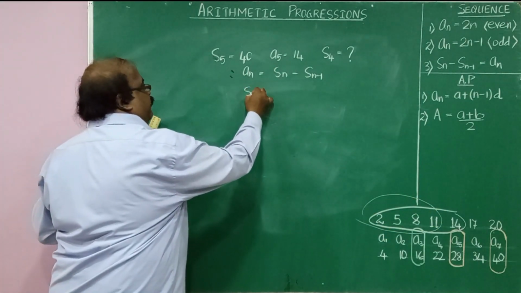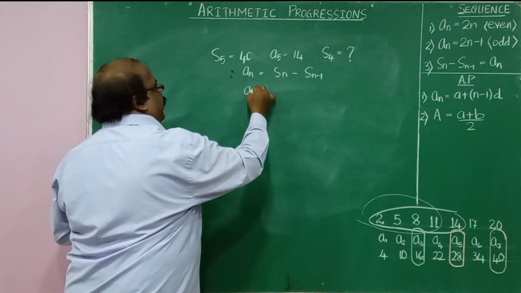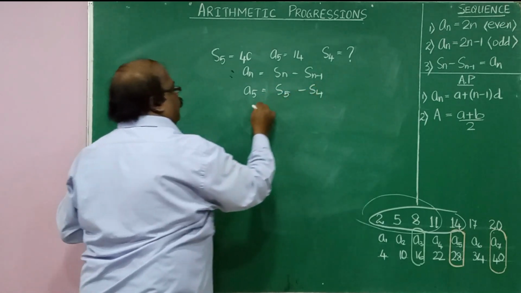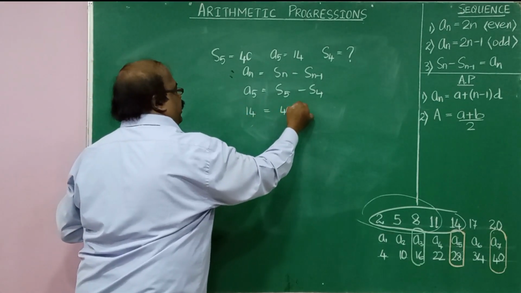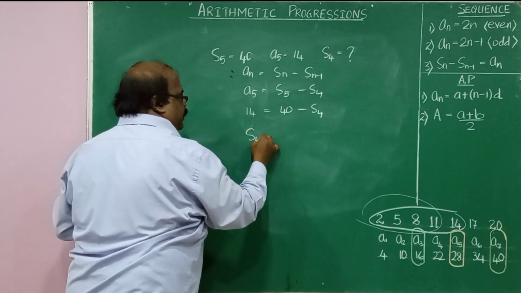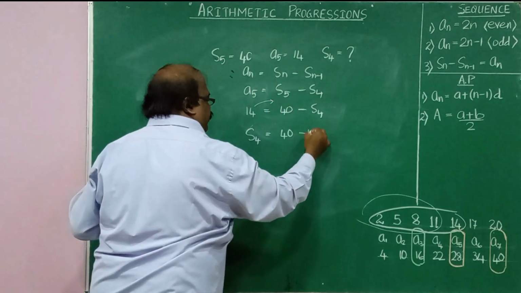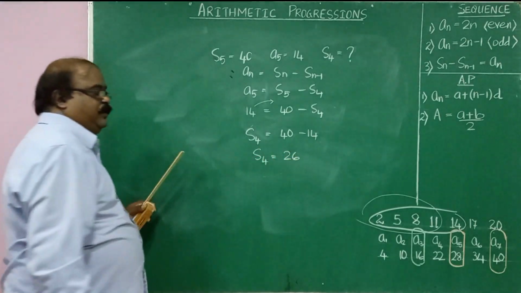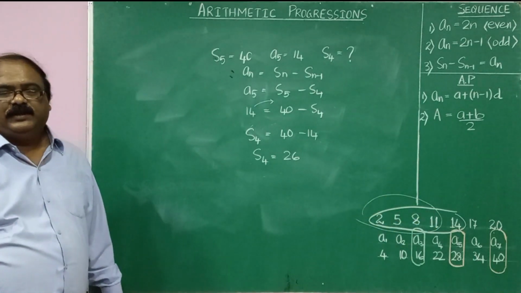A5 is equal to S5 minus S4. A5 is 14, S5 is 40. This minus S4 coming to the left becomes plus S4, and this plus 14 going to the right becomes minus 14. So you get S4 is equal to 26. If I had the first four terms, you get a total of 26.